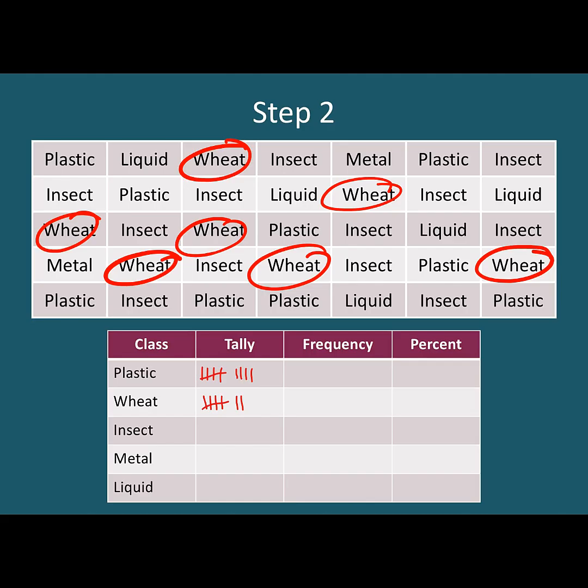Now I invite you to pause the video here and try to fill out the rest of this table accordingly. Doing this yourself, you should end up with 12 for insect, 2 for metal, and 5 for liquid.